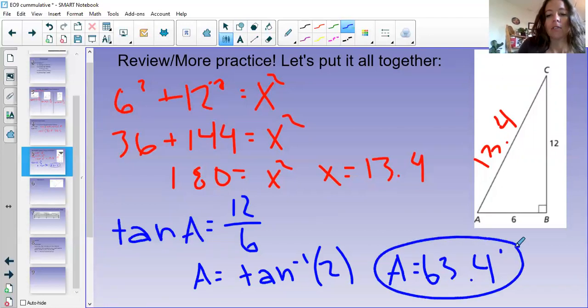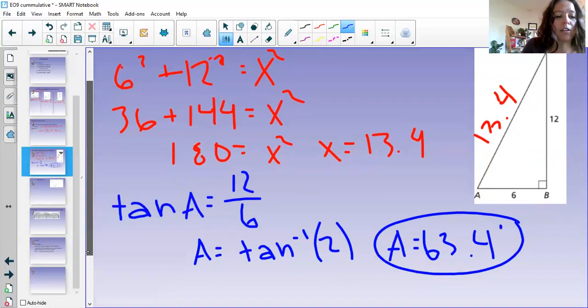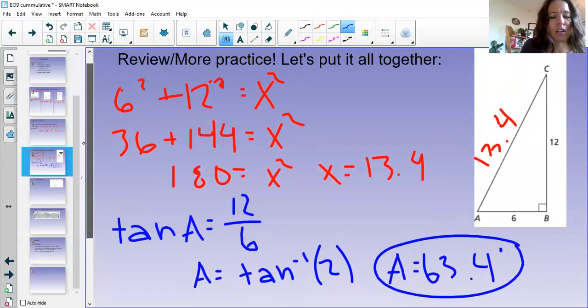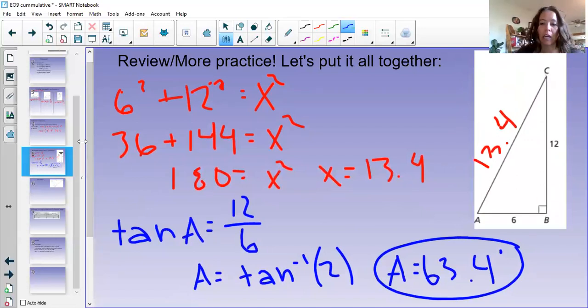Okay, so we have our side length, we have angle A. The last thing to do for angle C, we can do 2 things. You could set up another trig ratio, or we know that the total adds up to 180. That's what I'm going to do. So I'm going to do 180 minus 90 minus 63.4, and we get 26.6.